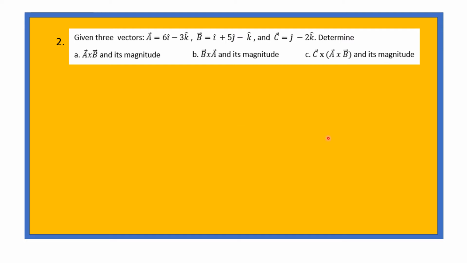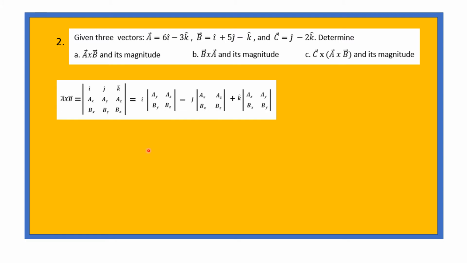Okay, let us now begin with the first question, finding the cross product of the two vectors A and B. One way of finding the cross product of the two vectors A and B is to express the cross product in determinant form. We can solve A cross B using this method.